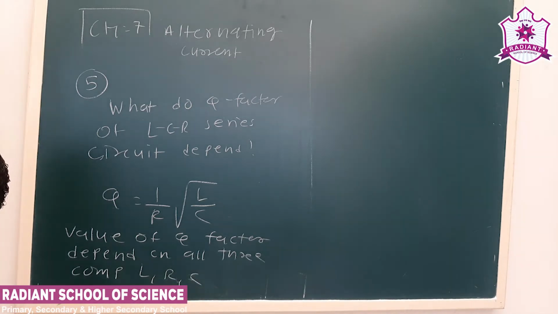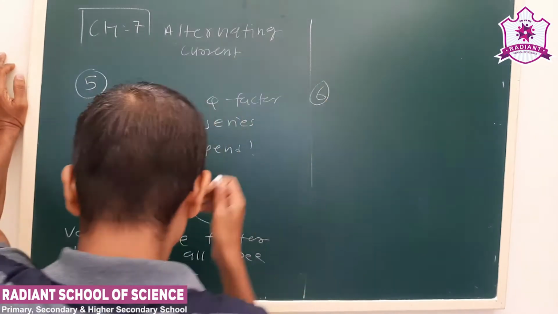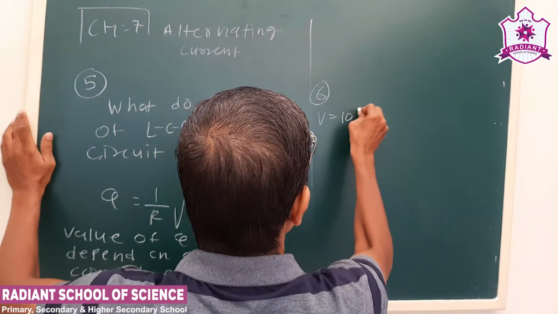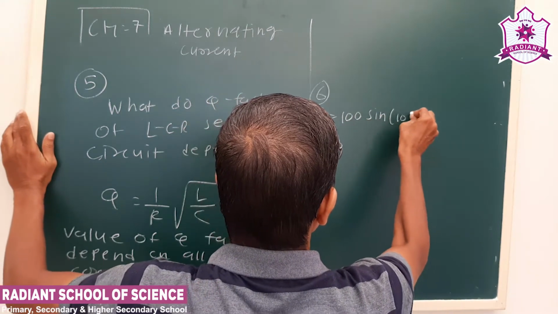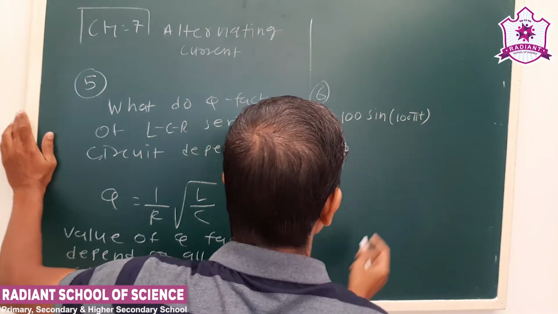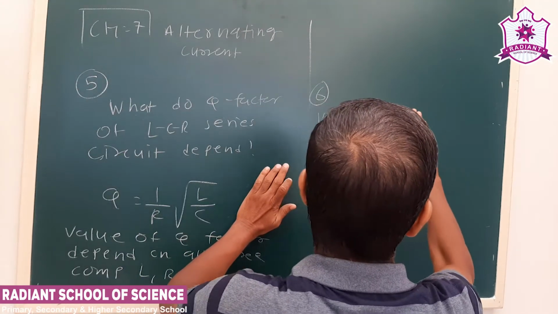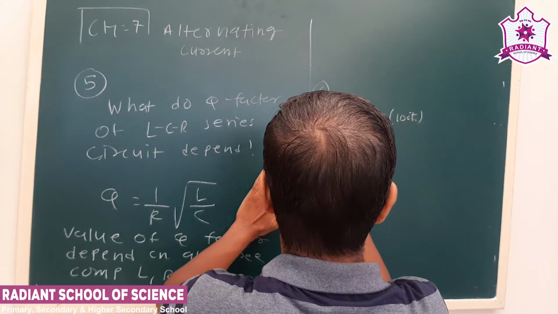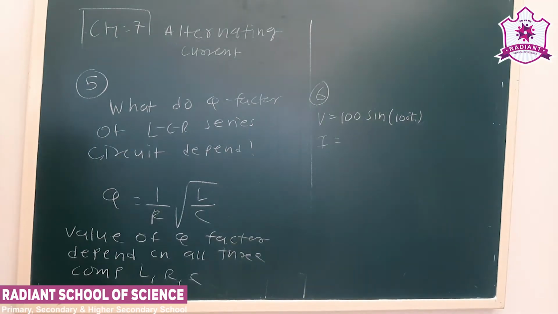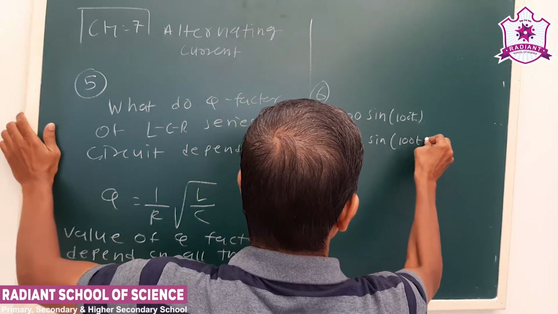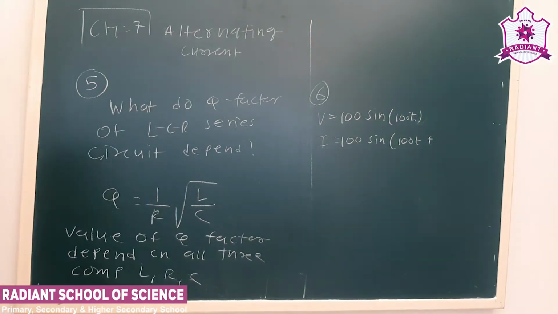Now see, the next question is related to power. The voltage is given as 100 sin omega t, and the current is given as 100 sin(omega t plus pi by 3).